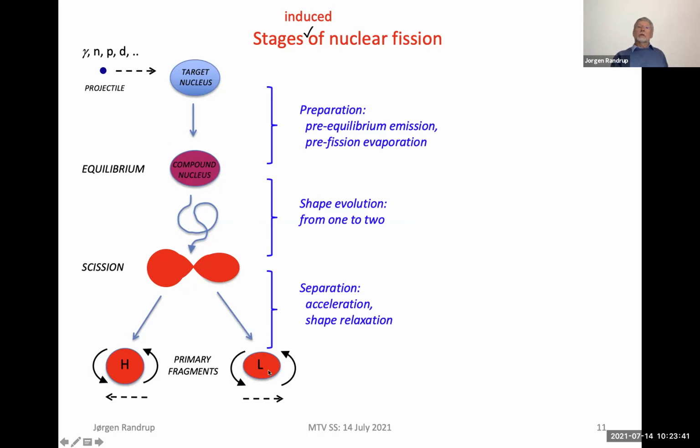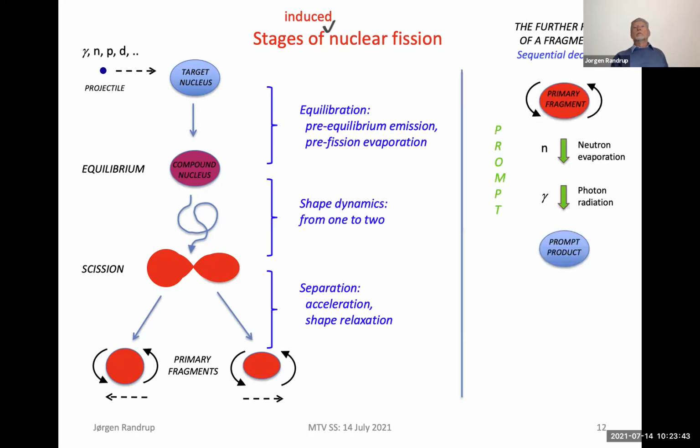But the physics is not over, because these fragments have a further fate, and they go through a long sequence of decays. First, the neutrons: they are usually sufficiently excited to emit a couple of neutrons, one or two or something, and then in increasing competition with also electromagnetic radiation. Finally, you come down to the prompt product nucleus, the ground state, or perhaps an isomeric state.